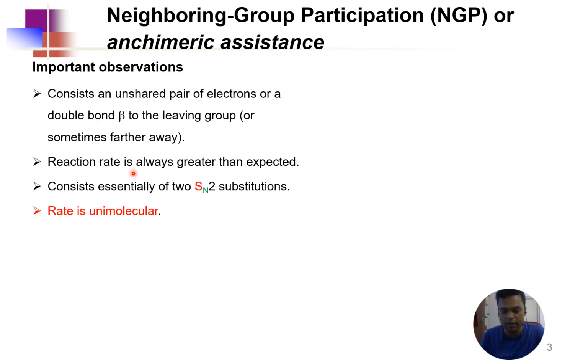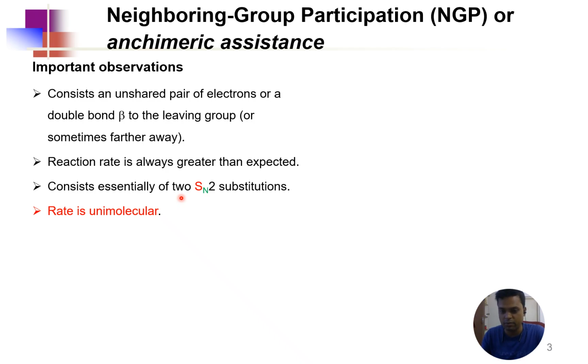The reaction rate is always greater than expected. If you predict the reaction rate for an SN1 or SN2 mechanism, it is found to be much higher than the normal SN1 or SN2 rates. It consists essentially of two SN2 substitutions. So basically, two steps of SN2 mechanism happen.